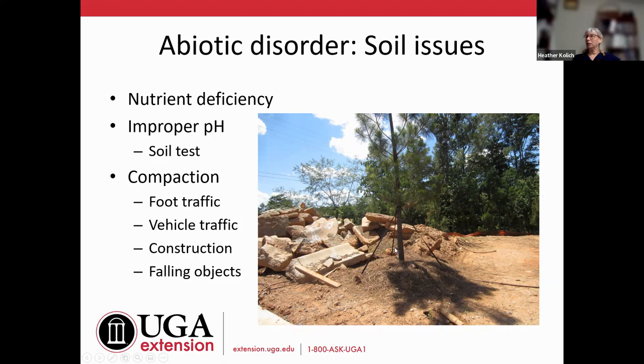So this poor little pine tree is not only in compacted soil, but we've got this huge mulch volcano around it. What that's doing is adding to the oxygen deficiency, because the oxygen has to get through another 3 feet of matter here to get to the roots.